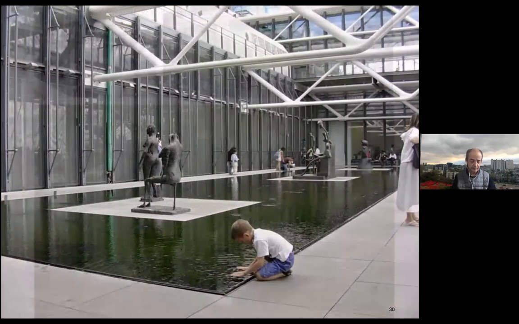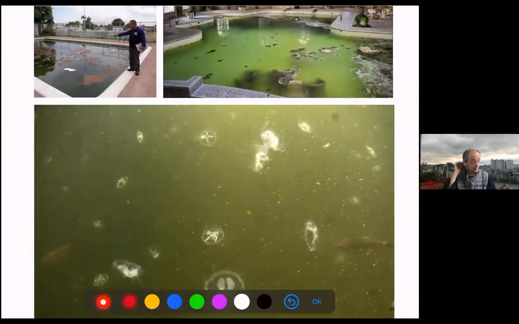This is Paris, Pompidou Center with water. I add this because water was very trendy in the 1950s and 60s because water provides a nice top, and it's very good to have some kind of thermal regulation because it has so much mass.